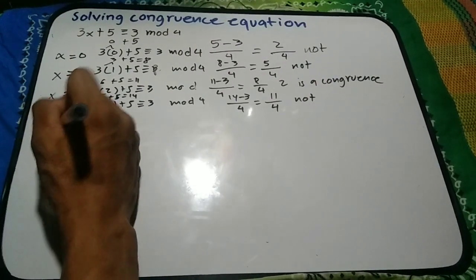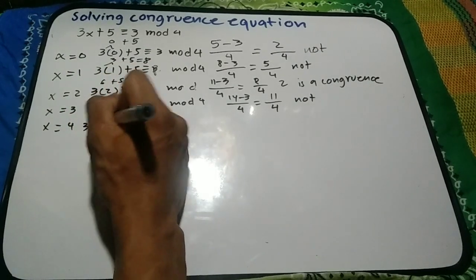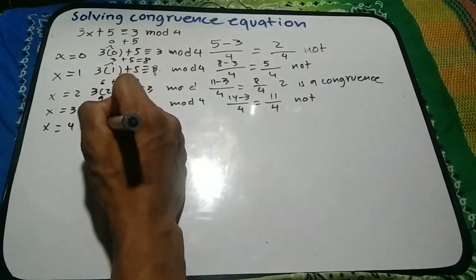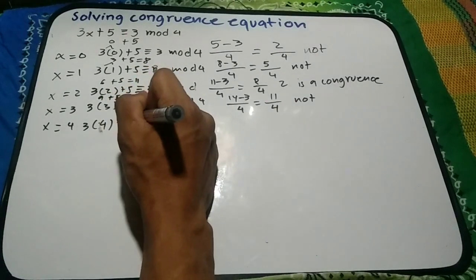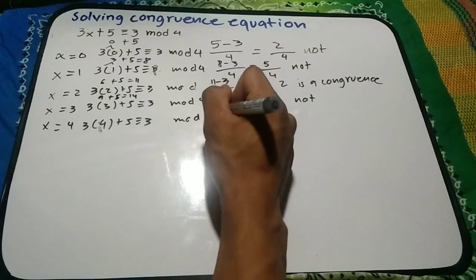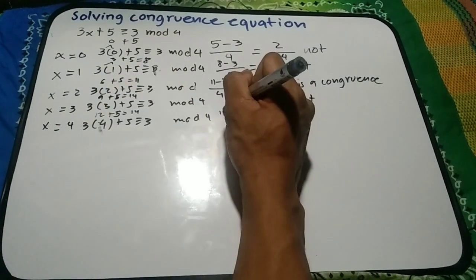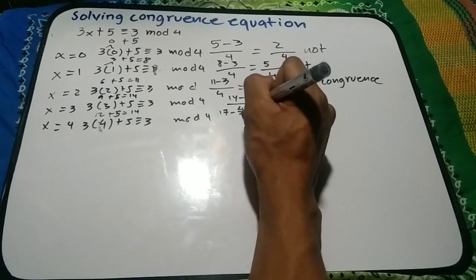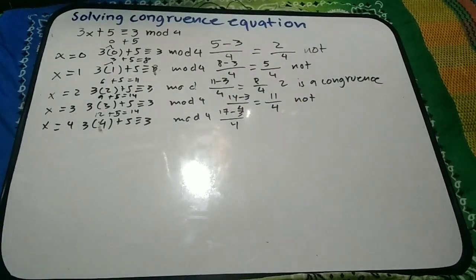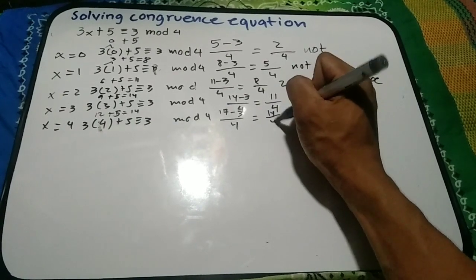If x is congruent to 4, 3 times 4 plus 5 congruent to 3 mod 4. 3 times 4 is 12 plus 5 is 17. 17 minus 3 over 4 equals 14 over 4.